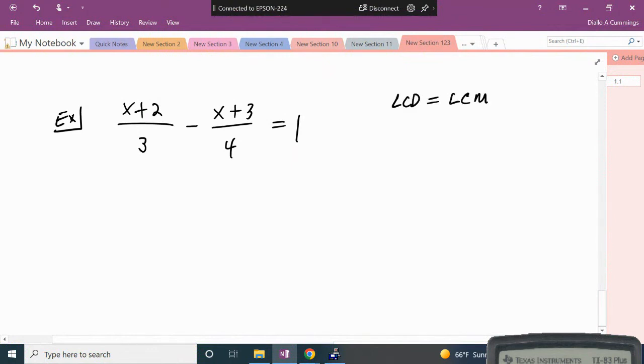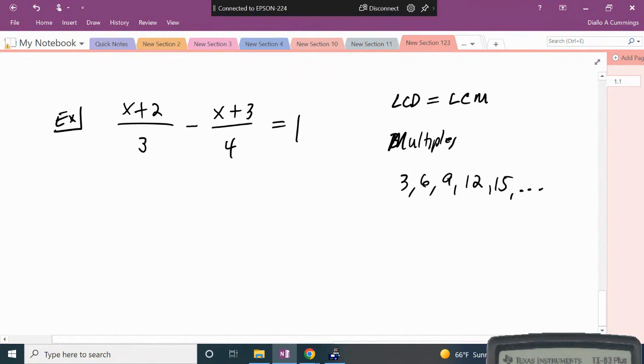All right, so I'm going to explain multiples. I'm going to write out all the multiples of 3. The multiples of 3 are 3 times 1, which is 3, 3 times 2, which is 6, 3 times 3, which is 9, 12, 15, and that keeps on going.